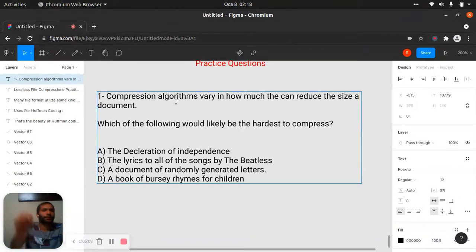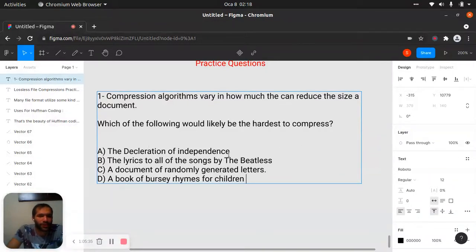No, it's saying compression algorithms vary a lot in how much they can reduce the size of a document. This is the important part. Which of the following would likely be the hardest to compress?